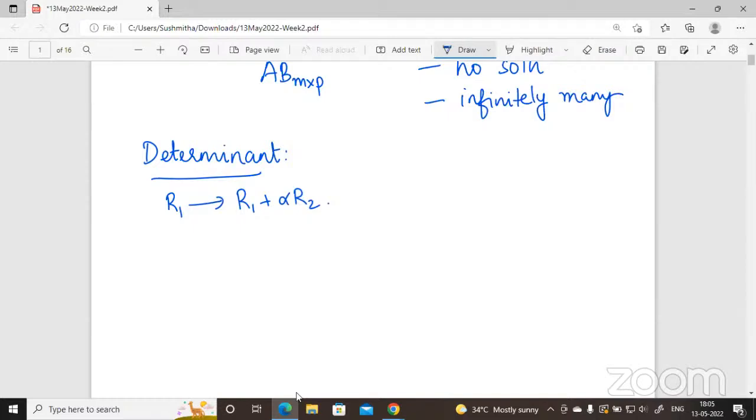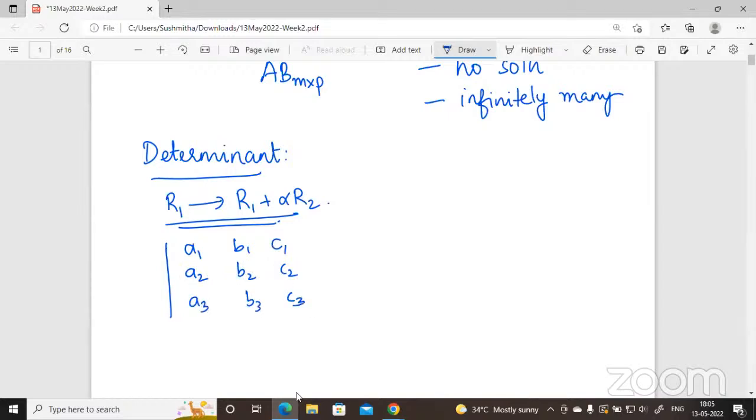I hadn't discussed the proof behind this. There's one property of determinants which I will mention. Using that, you can easily see that because of this operation, the determinant does not change. Suppose I have a matrix with rows A1, B1, C1; A2, B2, C2; A3, B3, C3.